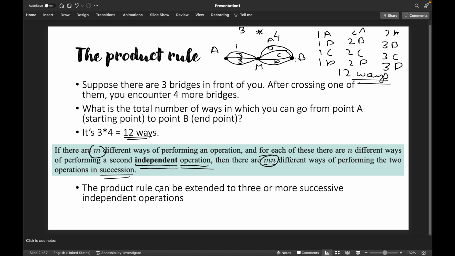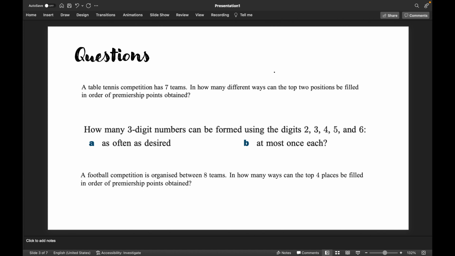Okay, and the product rule can be extended to 3 or more successive independent operations. Imagine from here you have 2 more paths. Then what would be the answer? Think about it. So it's going to be 12 into 2. This is going to be our answer, which is 24. If this is clear, then let's move on to the questions.